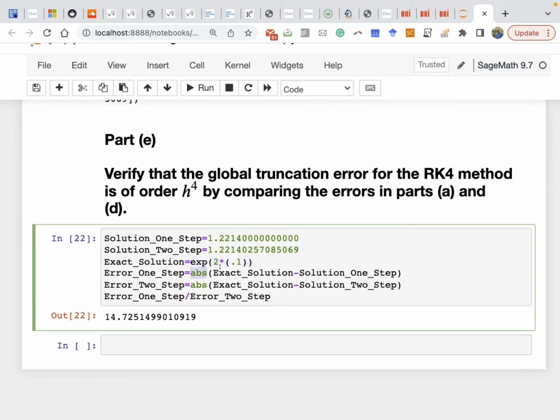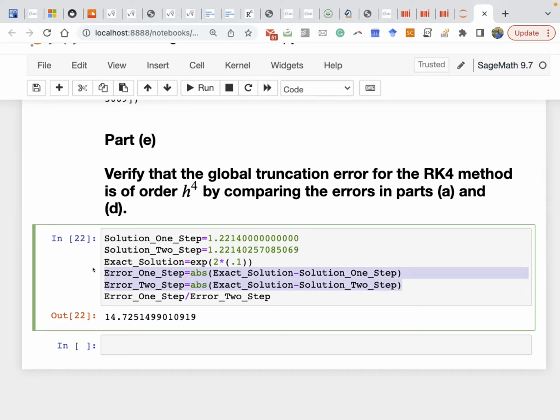So absolute value of the exact solution minus the solution from 1 step, divided by the absolute value of the exact solution minus the solution from 2 steps. Okay, h power 4, h power 4.